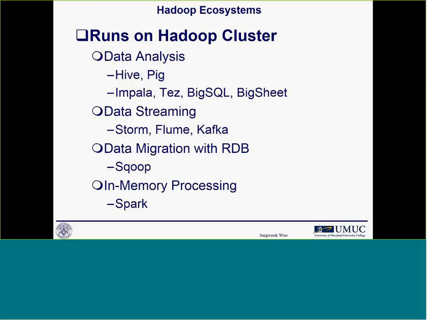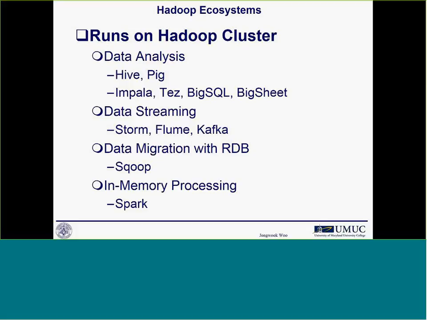But for example, for data analysis, Facebook invented Hive and Yahoo invented Pig. Those are based on SQL and easy script languages. So instead of writing complicated Java code for MapReduce, using Hive, you can use the SQL syntax to process your data much more easily and simply.